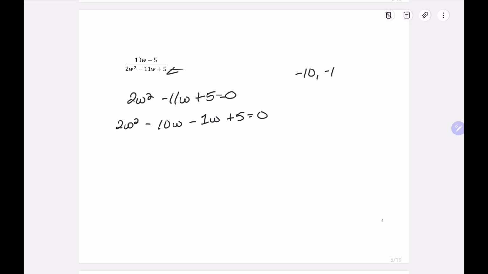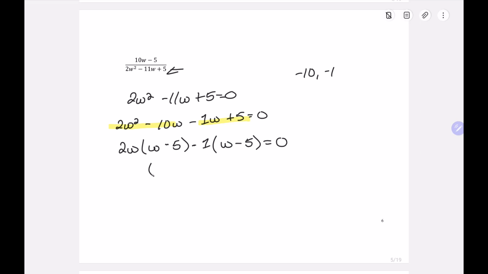If we look at our first pair and our second pair, we can see in the first pair that we have a 2w in common, which would leave behind a w minus 5. And in the second pair, since we want this w minus 5, we could multiply out a negative 1, and we would get a w minus 5 equaling 0.